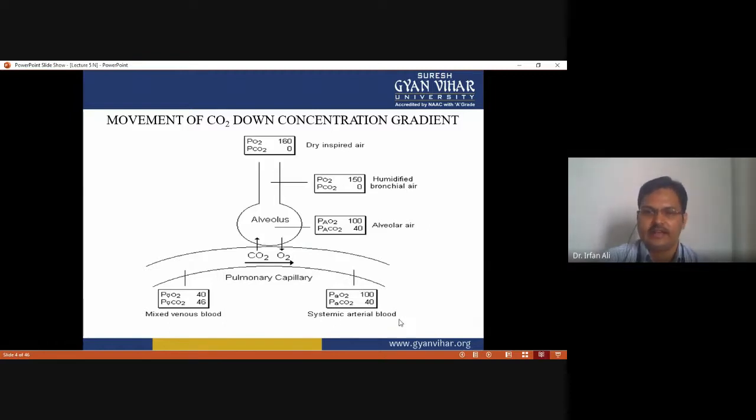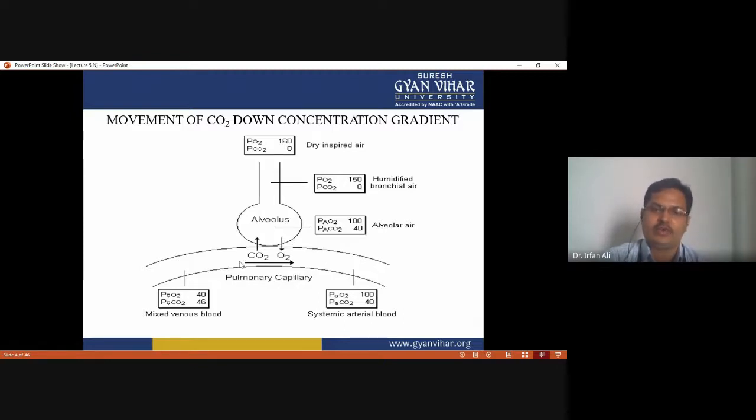in the systemic arterial blood, the partial pressure of carbon dioxide is 40, and the partial pressure of carbon dioxide in venous blood is 46. So the blood which flows from the pulmonary capillaries has a partial pressure of carbon dioxide of 46, and in the air present in the alveolus, the partial pressure of CO2 is 40.